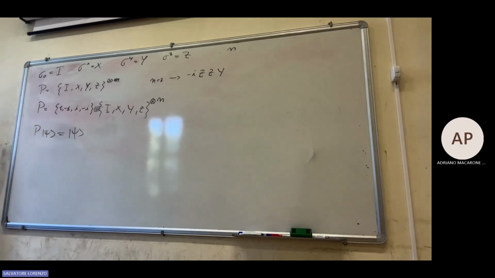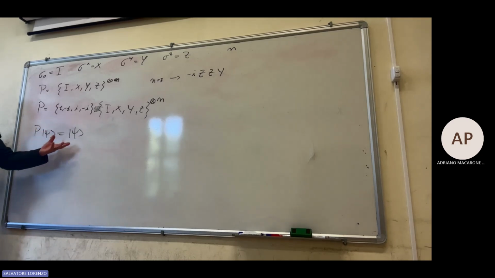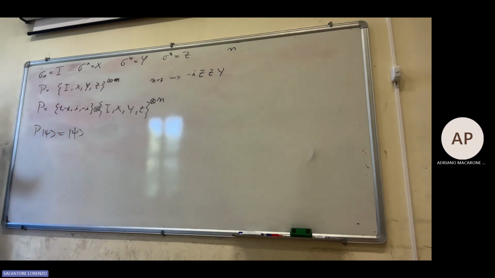It probably will not be a surprise that if we have a number n of qubits, and one Pauli string for which our state is an eigenstate with eigenvalue equal to 1, there are several others.